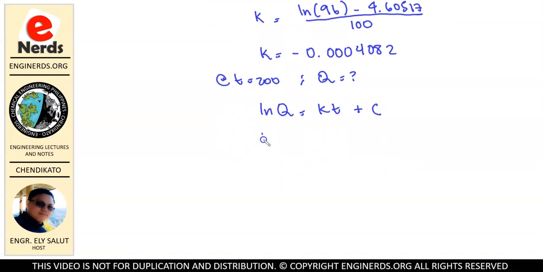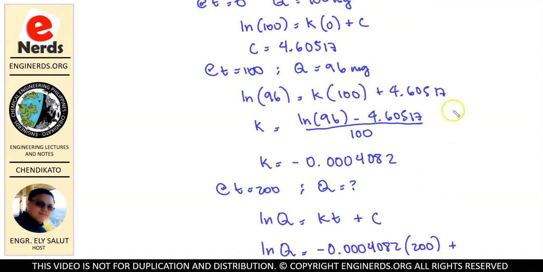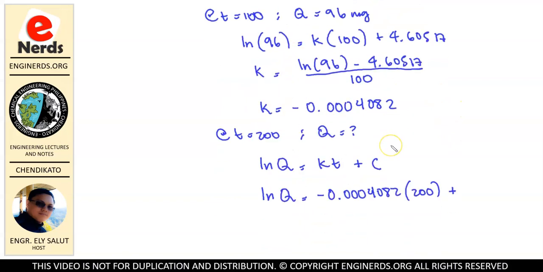So we have ln Q is equal to our K, which is negative 0.0004082, times time, which is 200, then plus our C. Our C is 4.60517.